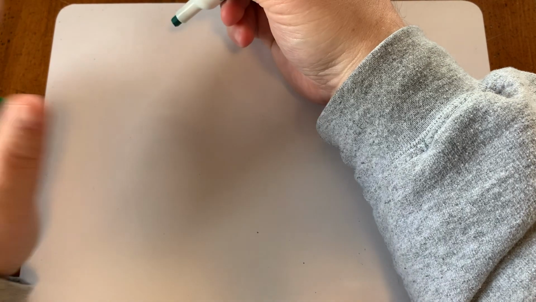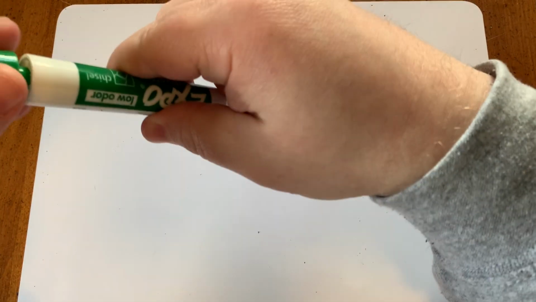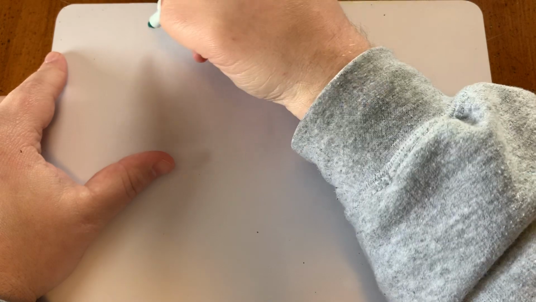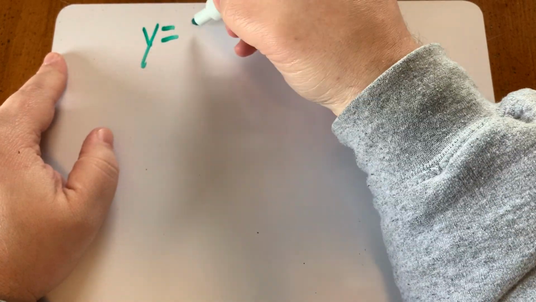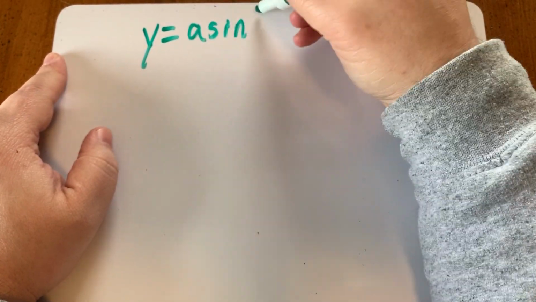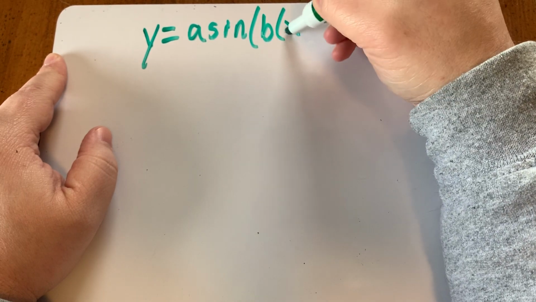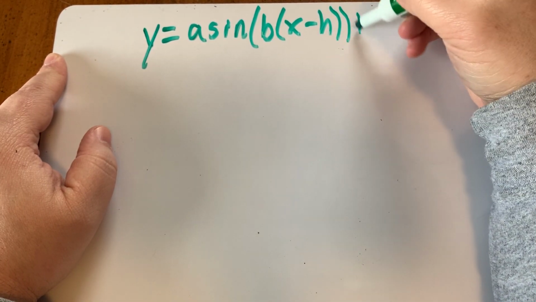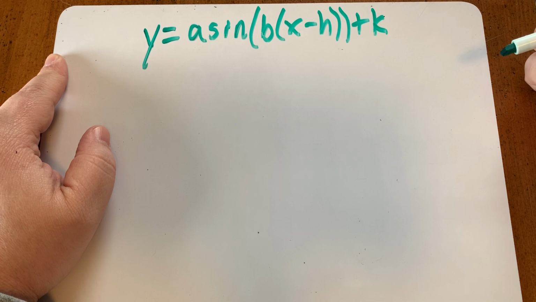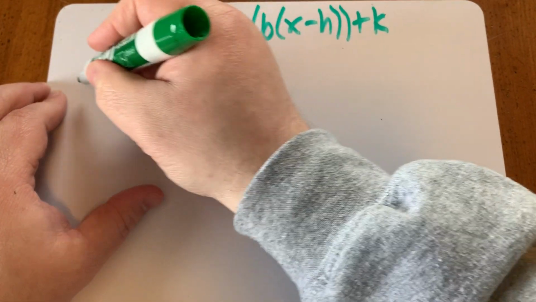So our general equation, I'm just going to do a sine equation. It's the same for a cosine equation, but it would just change where your starting value is. So y equals a sine of b times x minus h, plus k. So everything that we knew before is still the same.